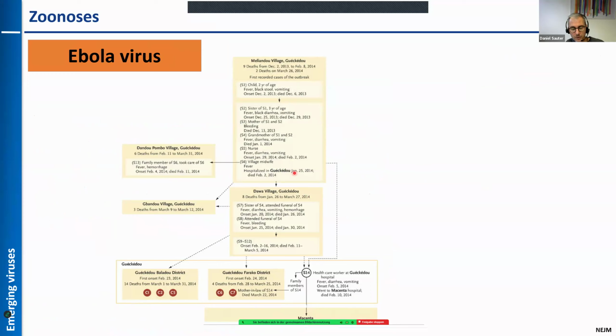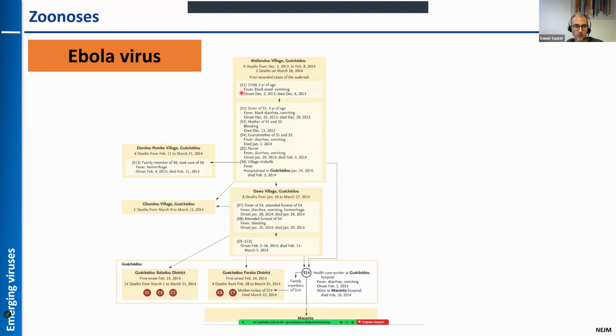What you see here, I know it's very difficult to read, is a transmission chain described in a paper that tried to figure out the origin of the largest Ebola virus outbreak, which occurred about 10 years ago in 2013 and 2014 in different West African countries.